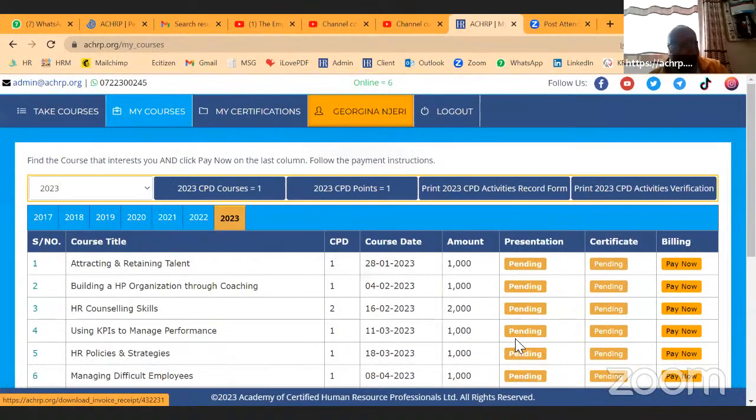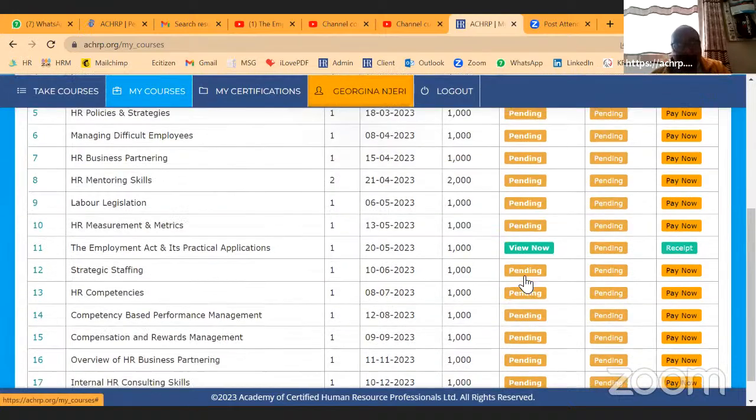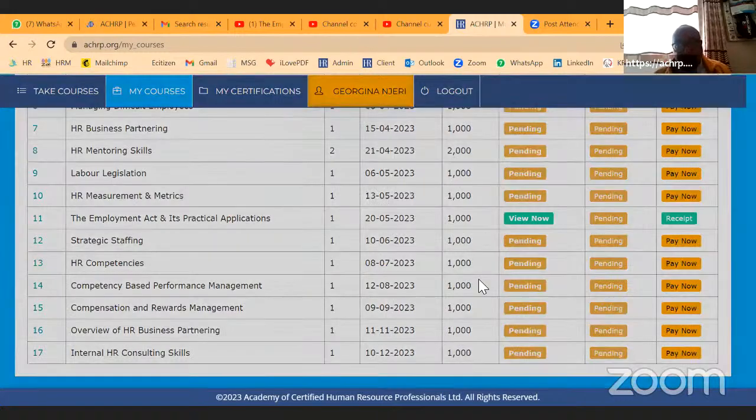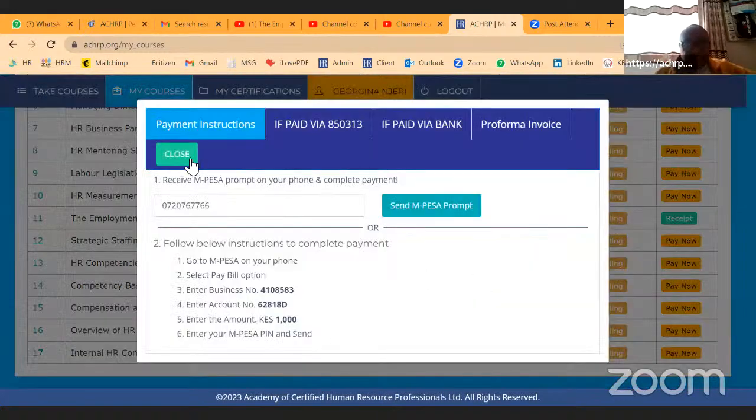If in your portal, under my courses, you find your courses already preloaded, you've not paid for them, it is easy. Just click pay now and you proceed. You go ahead and process your payment.